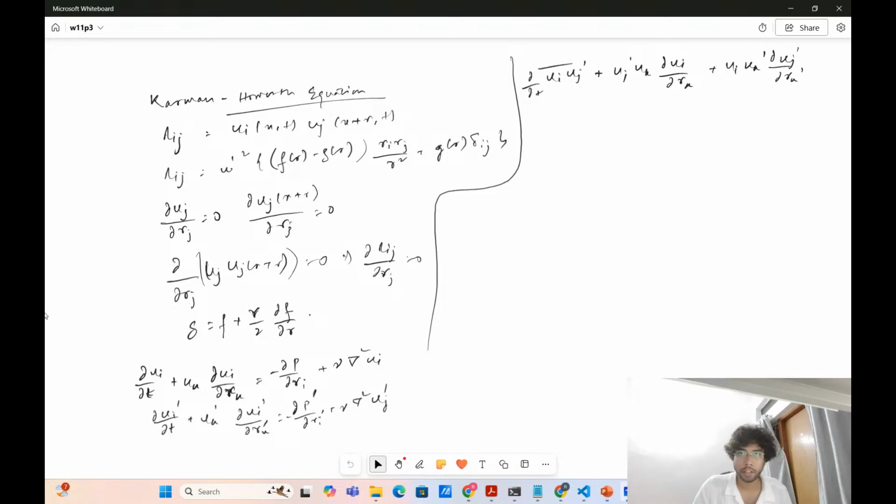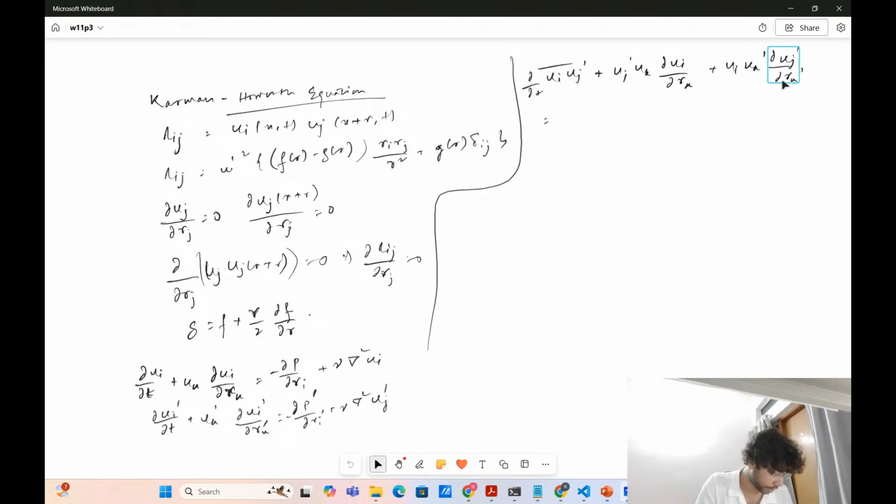Okay, so you can see that uj prime multiplied with this, and ui multiplied with this, will give you this term, the first term. And this will come from, if you multiply uj prime with this, you'll get this, and if you multiply ui with this, you'll get this. Right?